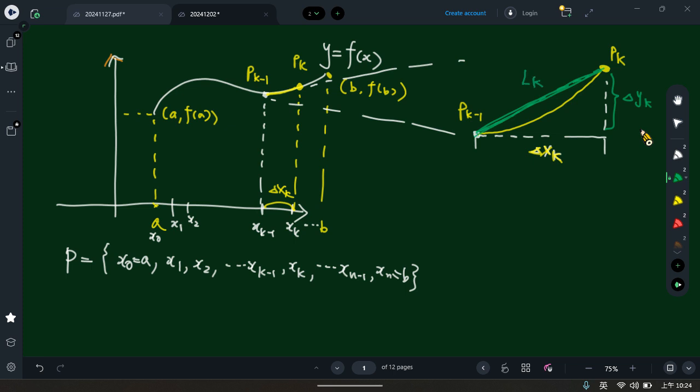So we can see Lk should be equal to the square root of delta Sk squared plus delta Yk squared, right? We can roughly estimate the length as this one, because this is easy to get, since this is a right triangle. When we have these two sides, then we can have the length Lk.